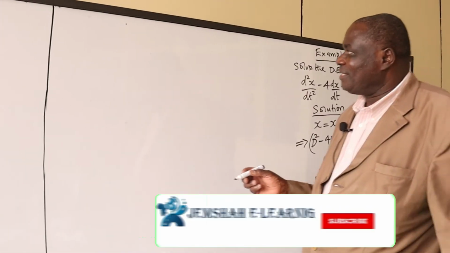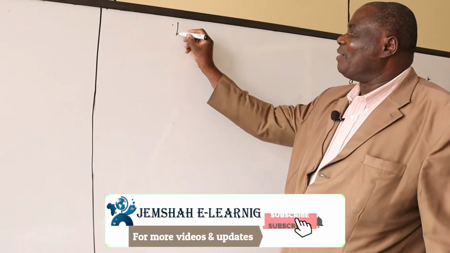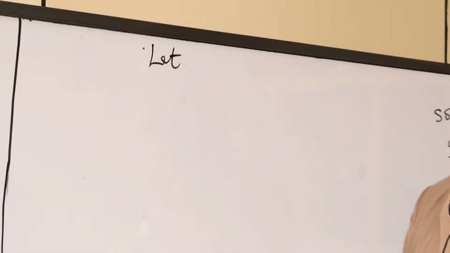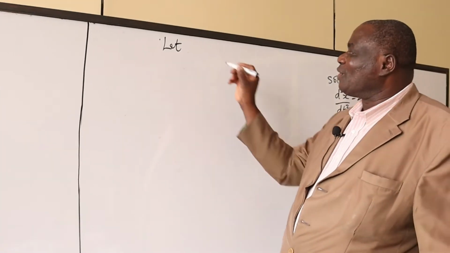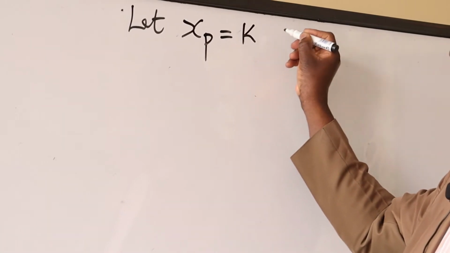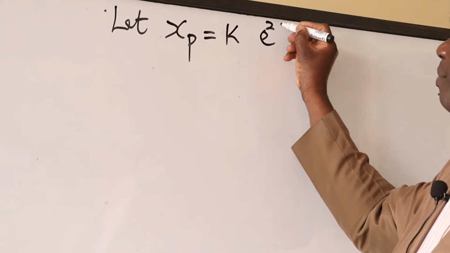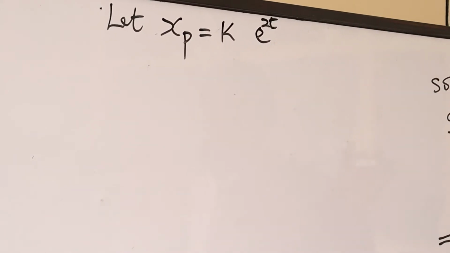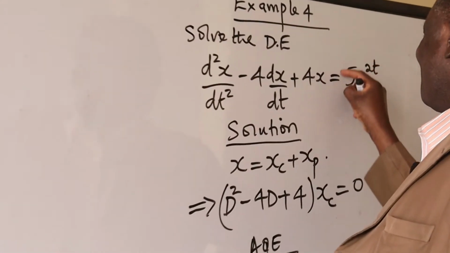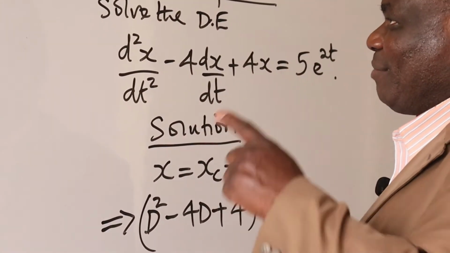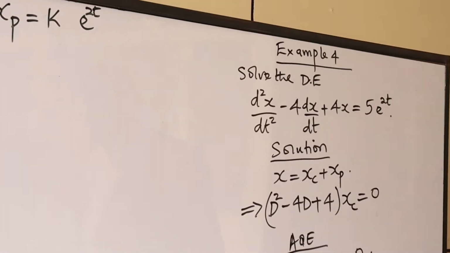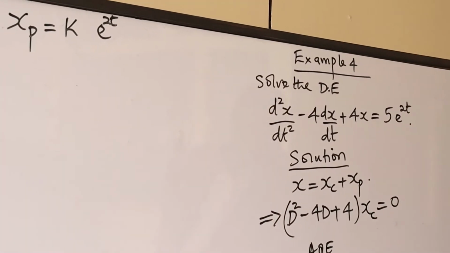From there, we start the process of determining the particular integral. So we let xp be equal to a constant multiplying e power 2t. Here there is a constant multiplying e power 2t, so we put this as an arbitrary constant k multiplying e power 2t. But before we proceed, we check our complementary function.